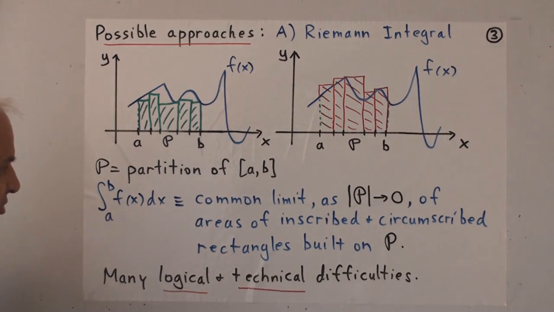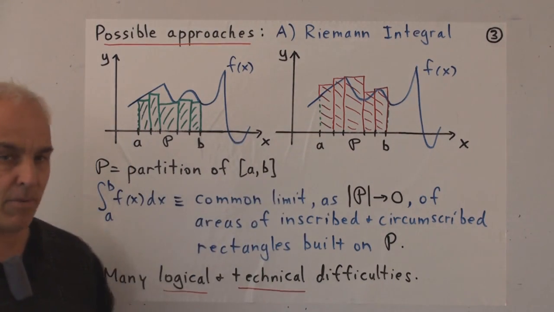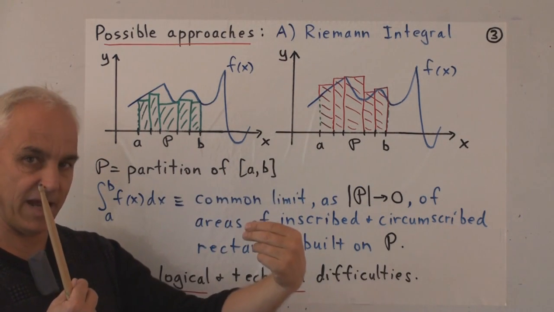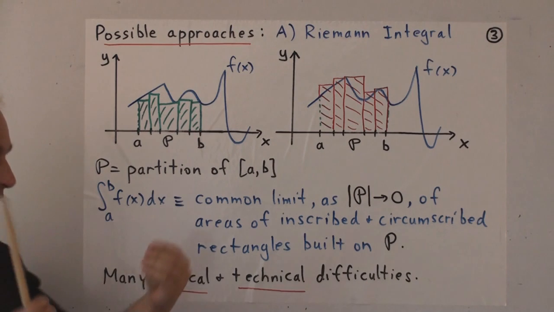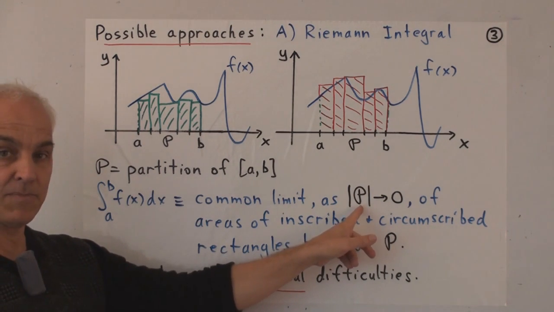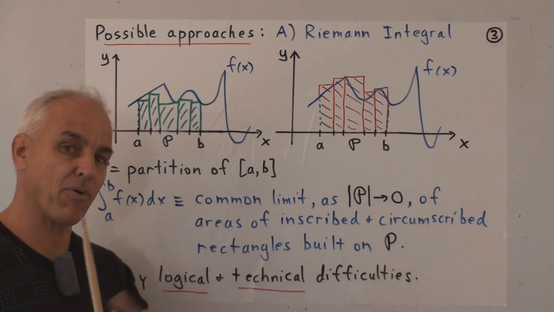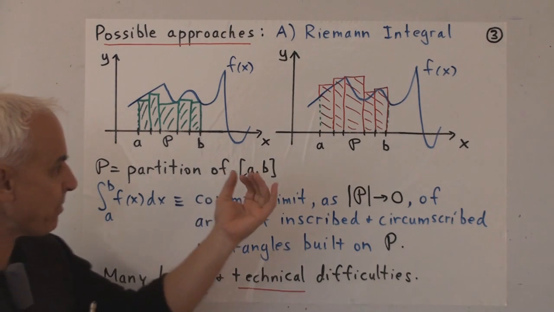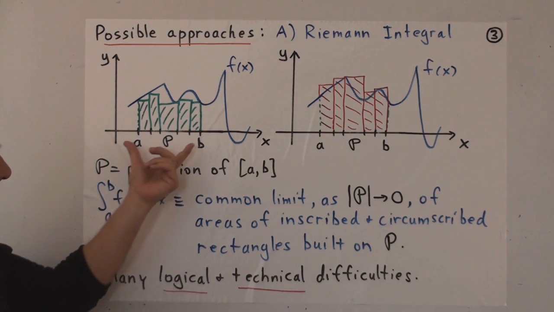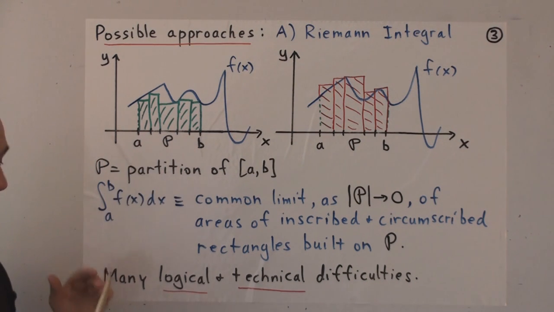All right, and then the idea is to take these two numbers, these areas of the green rectangles and the red rectangles, and then take a limit as the partition P, its norm, approaches 0. So as the partition becomes finer and finer, we look to see whether there's a limiting common value between the lower bound and the upper bound.